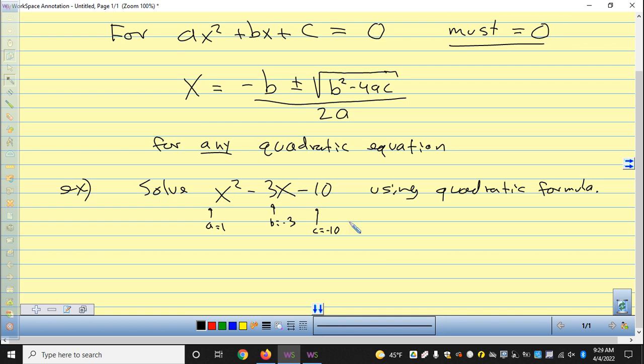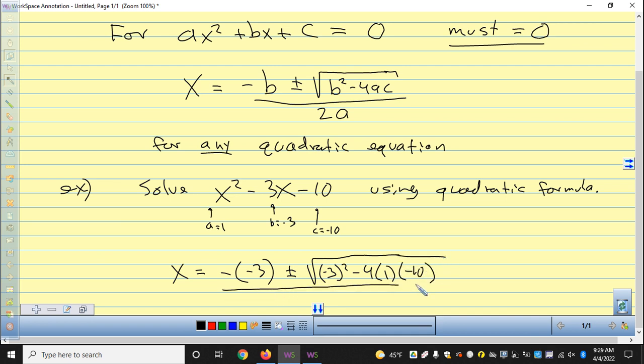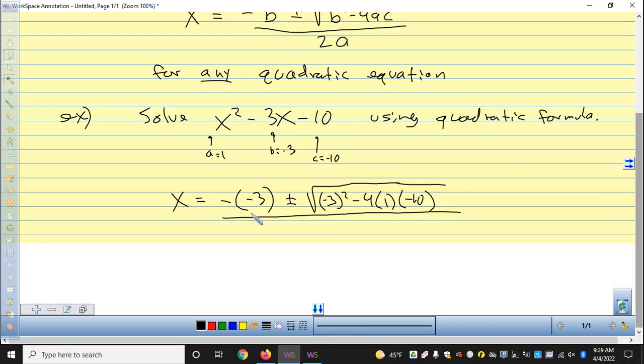Now when I plug these numbers into my quadratic formula, I'm going to use parentheses so that we get the pluses and minuses correct. The quadratic formula tells us x equals negative 3, and I'm putting that in parentheses, plus or minus the square root of negative 3 squared minus 4 times 1 times negative 10, all divided by, and be very careful here, everything is divided by 2 times 1.